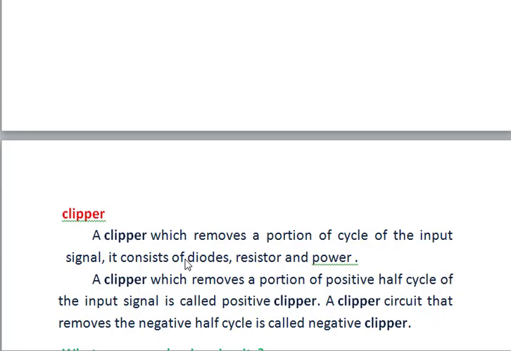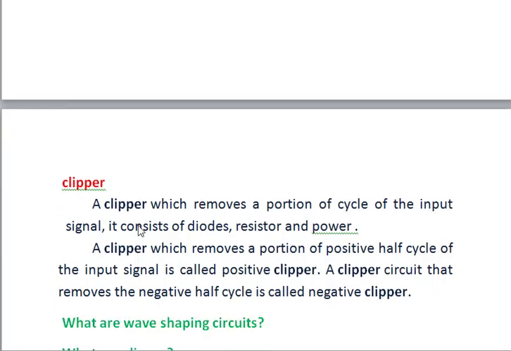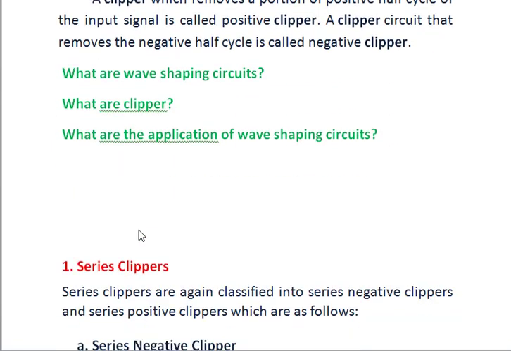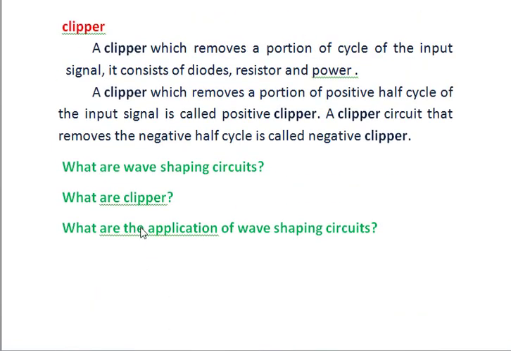First we will see what a clipper is. A clipper is an electronic circuit which clips or removes a portion of the signal waveform. The clipper consists of diodes, resistors, and power supplies.